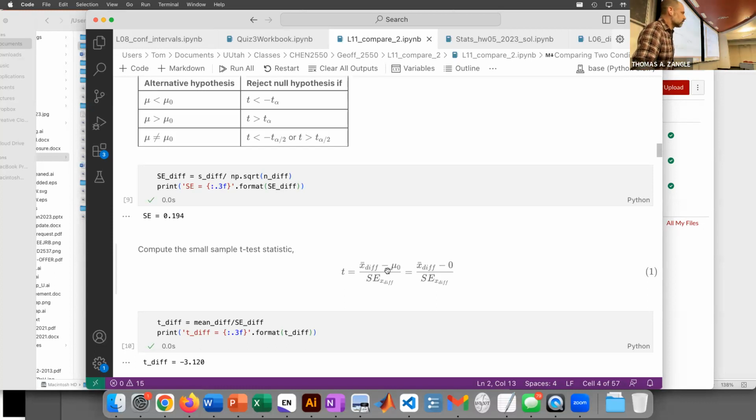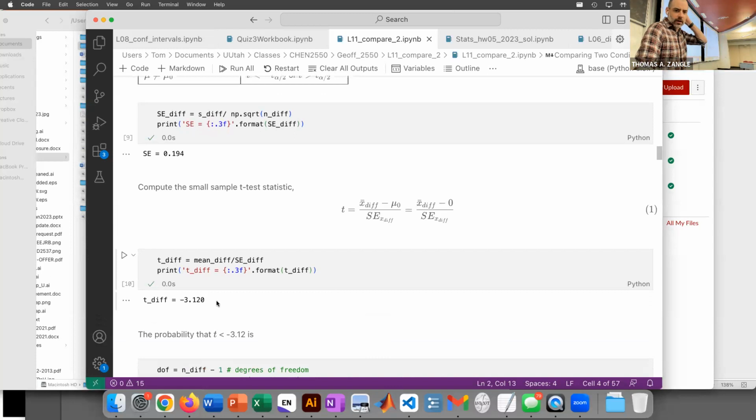In this case, the mean that we're testing against is just 0, right? We're testing against the null hypothesis that the two means are equal, so the difference between the means is 0. So this is just the sample mean minus 0 over the standard error. And so from our measured values, we end up with a t-statistic of minus 3.12.